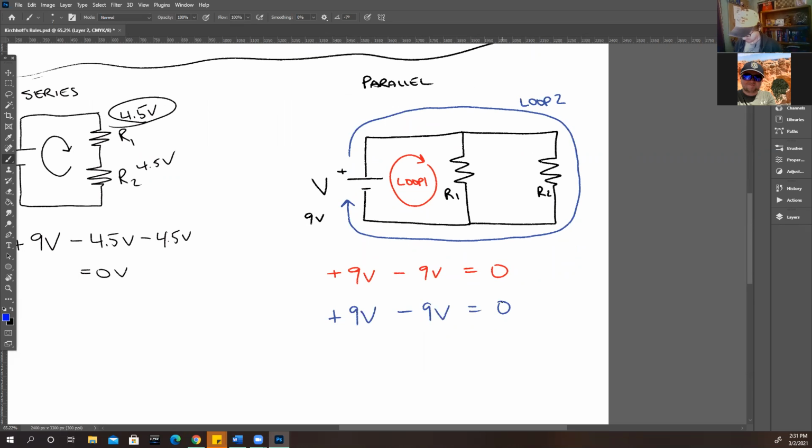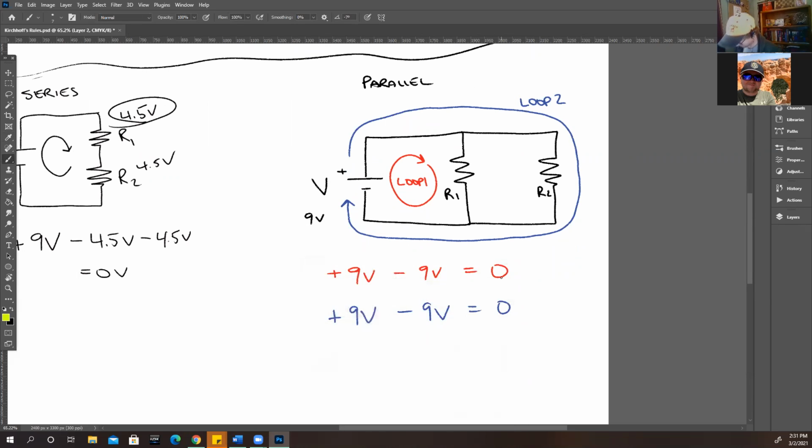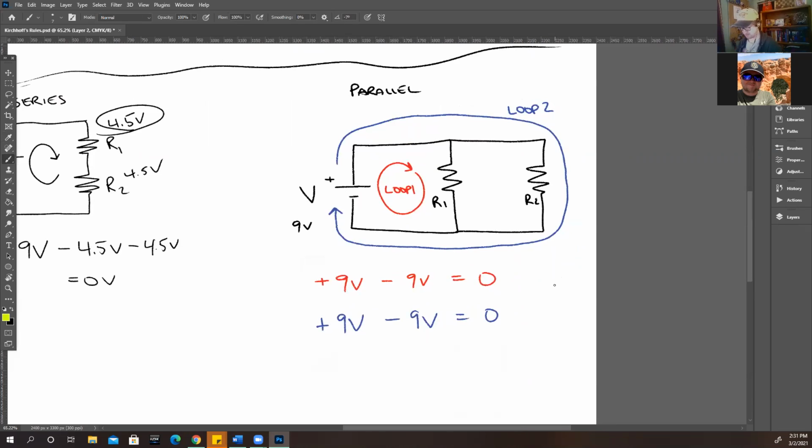There is a third loop in here, though, that I haven't talked about yet. That's the one right in this region. Let me just draw a picture of it. So this one. Call that loop 3.